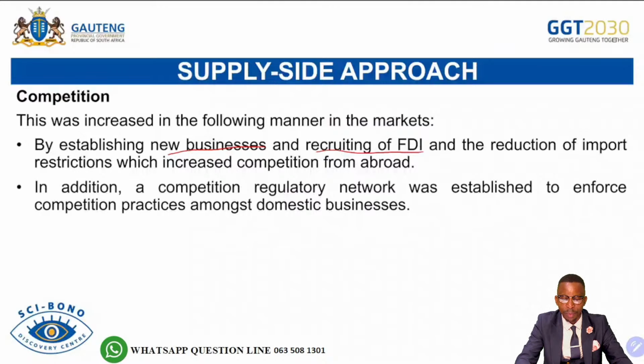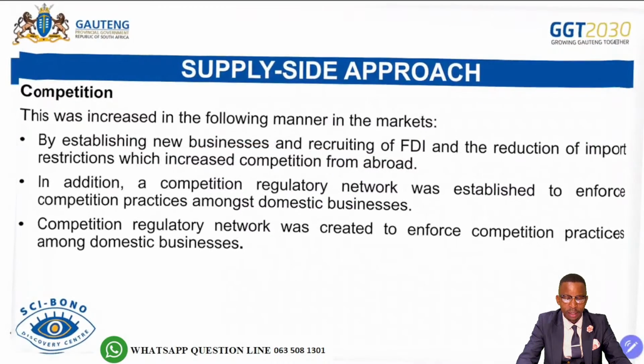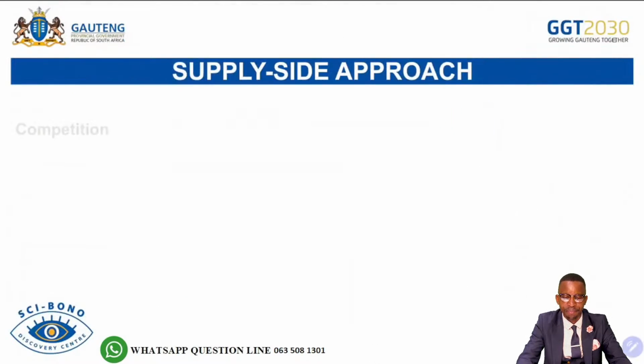In addition, a competition regulatory network was established to enforce competition practices among domestic businesses, ensuring that there is healthy competition that does not prohibit the entry of new businesses. There are no anti-competitive practices used by businesses in the economy. And then we continue with the supply side.